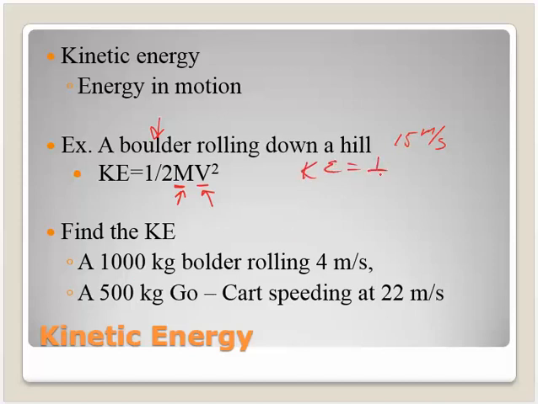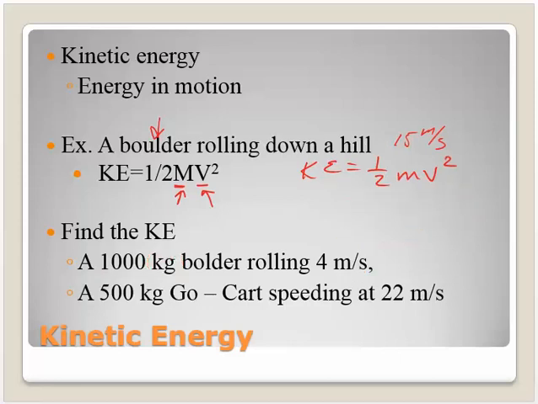Kinetic energy equals 1/2 mv squared. In the first case, it's 1/2 of 1,000 kilograms is the mass. Because it's in kilograms, I know that that's the mass. And the velocity is 4 meters per second, so it's going to be 4 squared. When we do that, we get an answer of 8,000 joules.